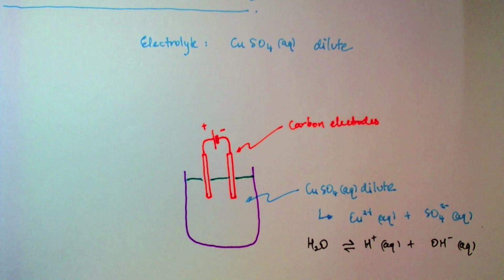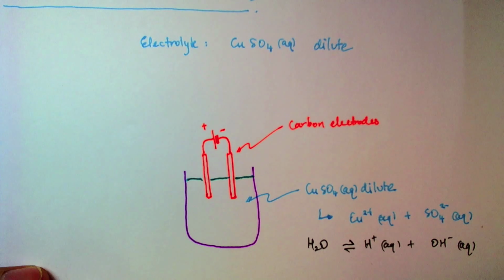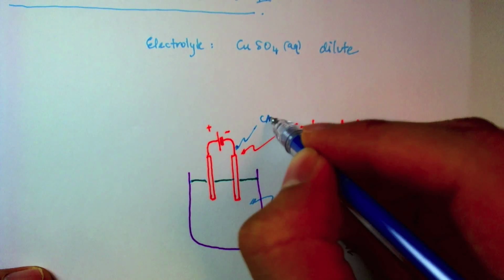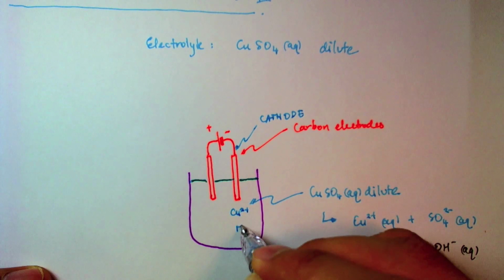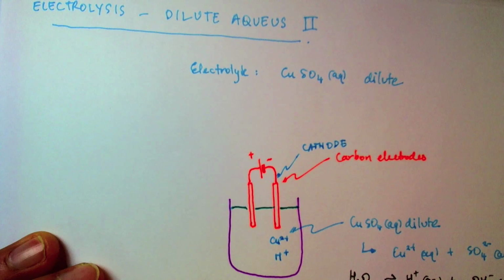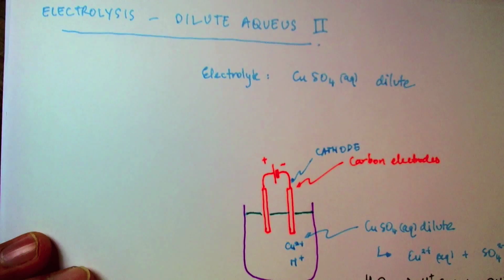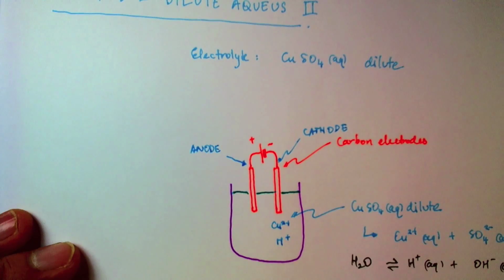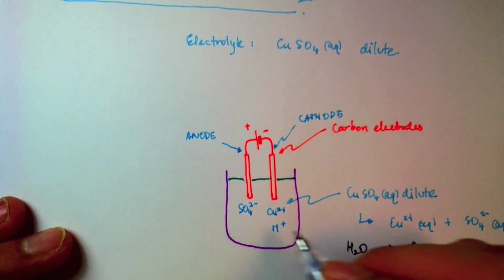With that, we see that the copper and hydrogen ions are positive, so they will be attracted to the cathode, which is negative. So copper, hydrogen, and the sulfate and hydroxide ions are negative, so they will be attracted to the positive electrode, the anode. So I will write them right below the anode to signify that they are attracted to it.